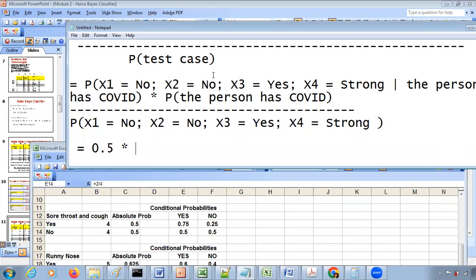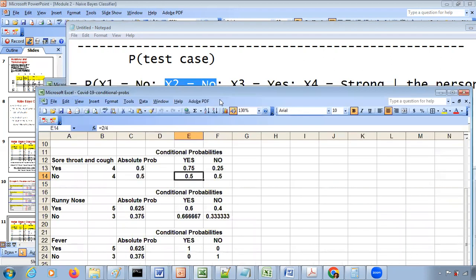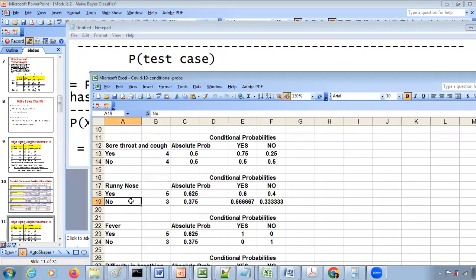Then similarly, the person has COVID, so S class, for all the four features, but the feature value is no. So X2, which is runny nose, the feature value is no, and class is S. 0.6667 is the probability that given the class is S, the runny nose feature value is no. This is our X1, this is X2, this is X3, and this is X4.